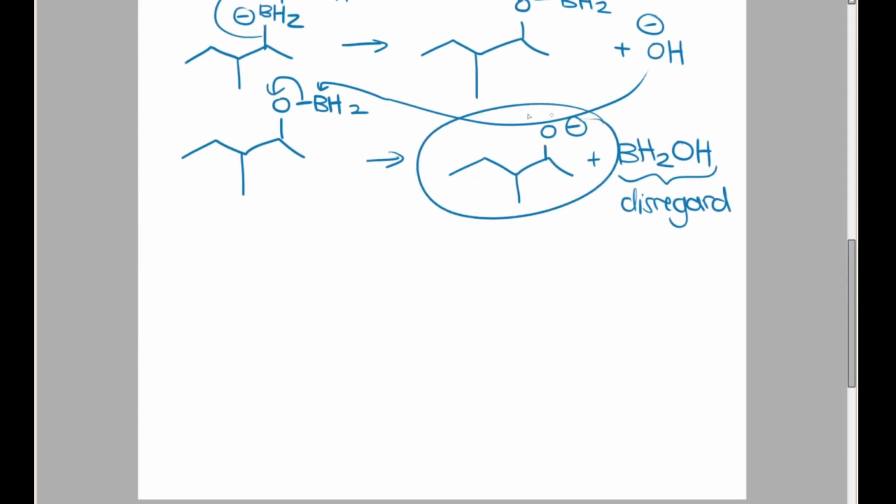But now we see that this intermediate with the negative oxygen is not stable because it wants to form a more neutral charge to gain stability.